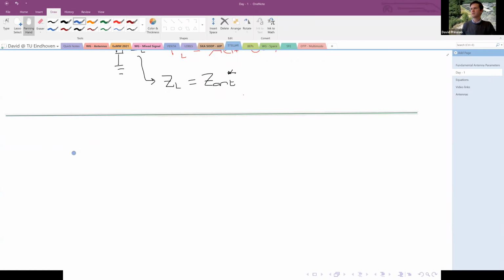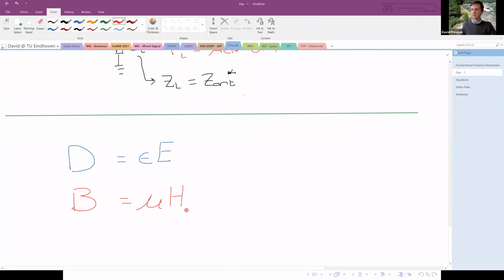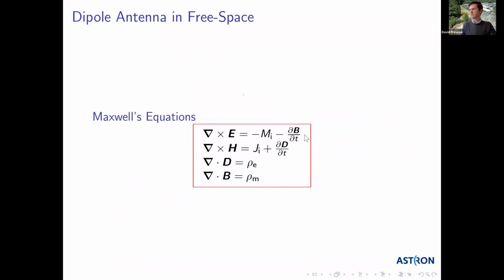Recall that the electric flux, D, not directivity, is equal to the permittivity of the medium multiplied by the electric field. And similarly, the magnetic flux is related by the permeability multiplied by the magnetic field. So in these quantities, the electric flux and the magnetic flux are in essence just the electric field and magnetic field, although the permeability and permittivity are taken into account there.